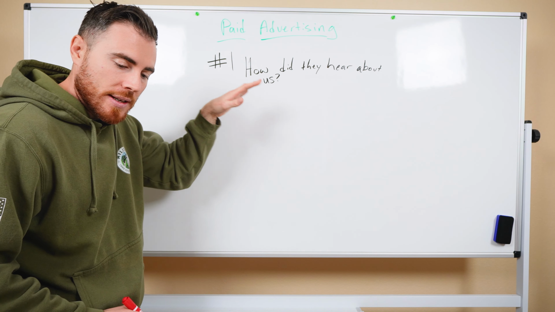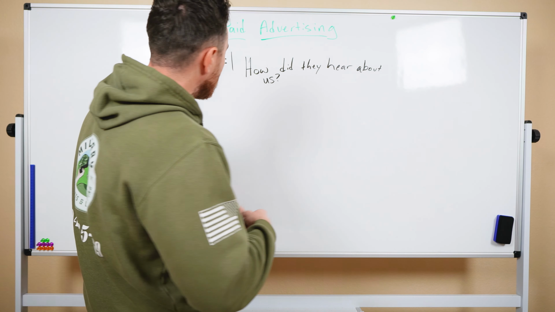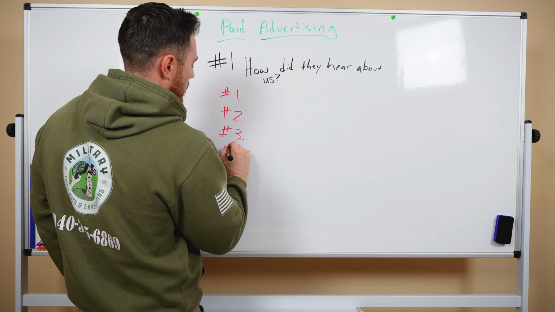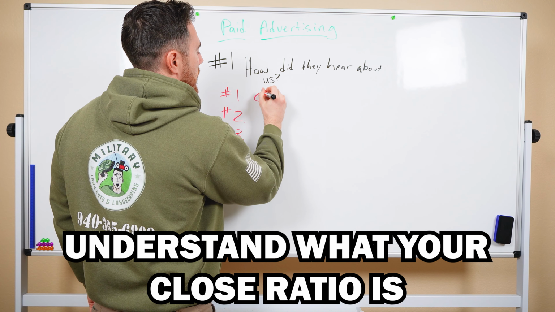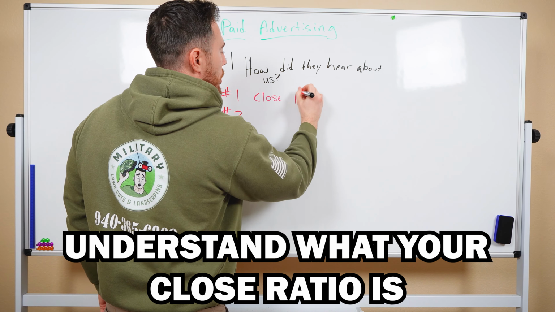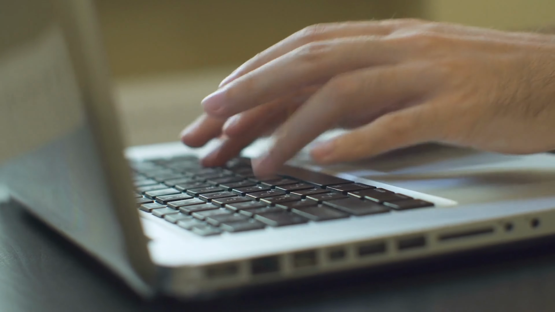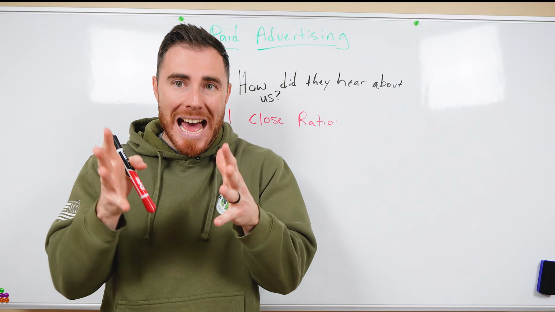Once we gather this data, there are 4 key components to figuring out your cost per lead. Number 1, you need to understand what your close ratio is. This is very, very important. When you give an estimate over the phone or send an estimate to somebody, you take the number that accepted and divide it by how many estimates you sent out.